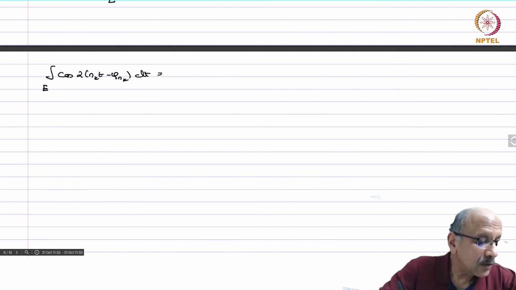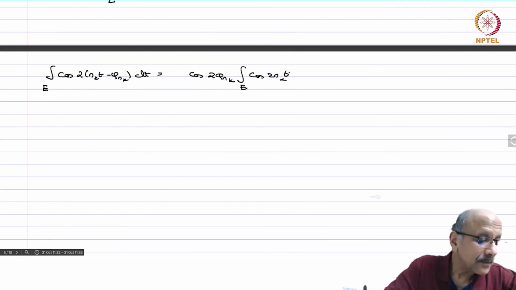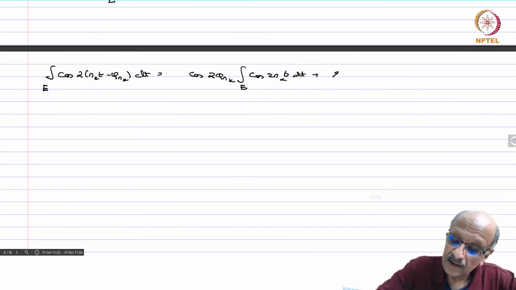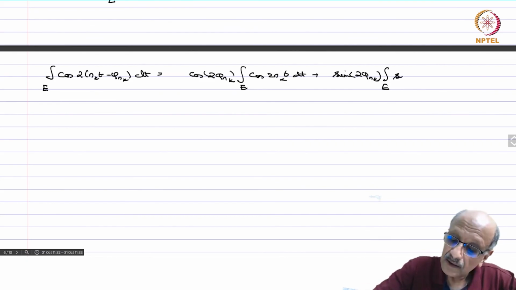This is equal to cos 2 phi_{n_k} times the integral over E of cos 2 n_k t dt plus sin 2 phi_{n_k} times the integral over E of sin 2 n_k t dt.